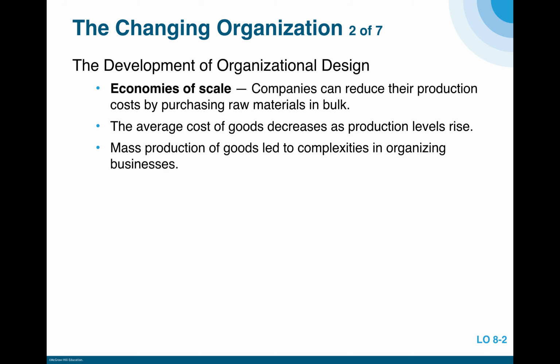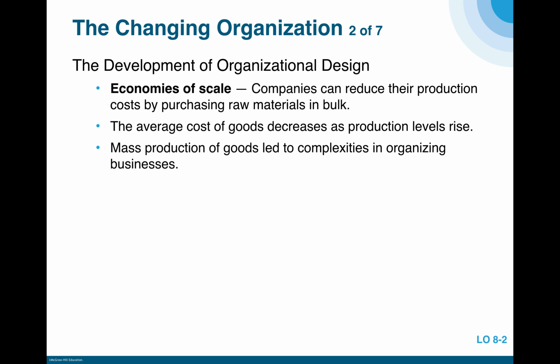So the development of organization, so economies of scale, so just companies reducing their production costs by purchasing raw materials in bulk. Walmart was one of the great examples of this, to where they stepped in from the start buying a lot of products in bulk and then selling it off at a discount.